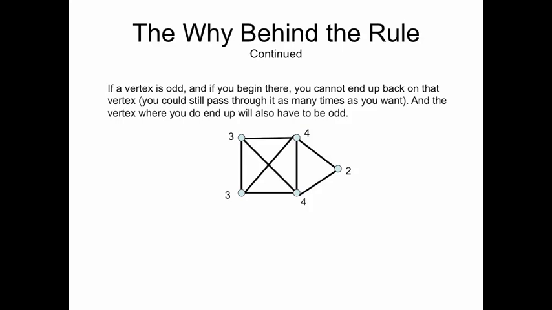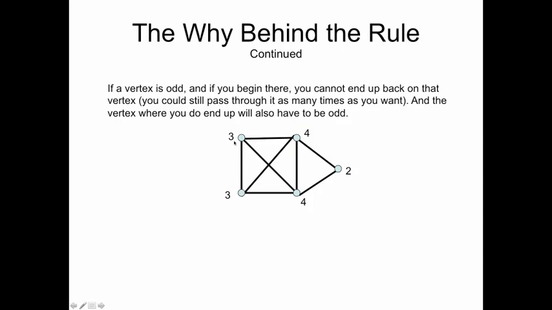So let's take a look at the one we did here. I started up here at an odd. I left it, went through 4, that was 1 even, through this, there's 2, through this one, so as I came here, now I'm going through 4 again, that upper one, down through here, through that one, and through this one, I'm going to end up on the other odd.